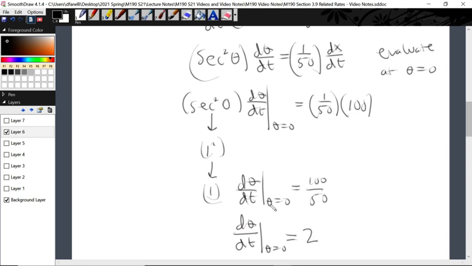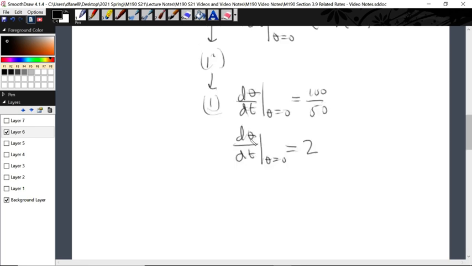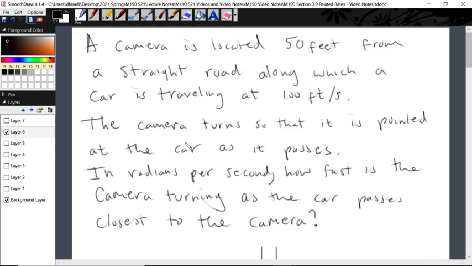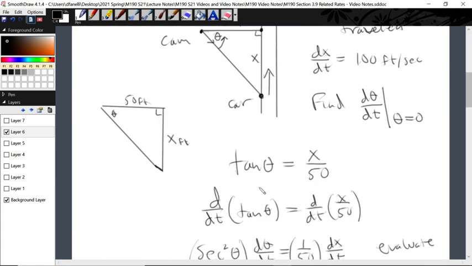What are the units here? Well, we just found d theta dt, and theta is being measured in radians, and time is being measured in seconds, because we were given feet per second for the motion of the car. So we got radians per second.